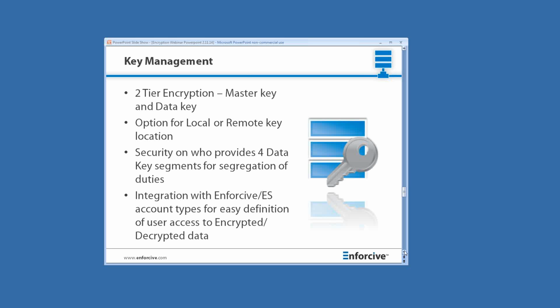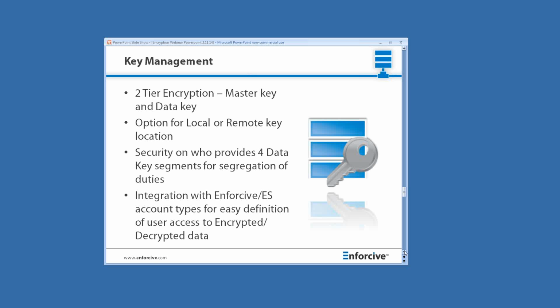Okay, the key management is a two-tiered encryption. So there is a master key and a data key. The data key can be put on the I-series, right, as local, or that key can be put on another platform. All right, so you'll see within our package that you're able to put in an IP address and a port and all that kind of stuff, so that you can put it out on a server if you want to implement that way.